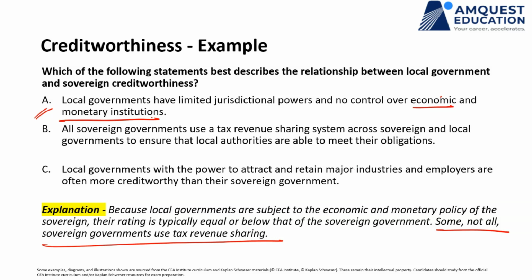No, they have the power to attract, but that doesn't guarantee that people will come and set up factories and industries in your state. The other problem is the sovereign is more creditworthy because they can print money. The state cannot print money, right? So the right answer becomes A here.